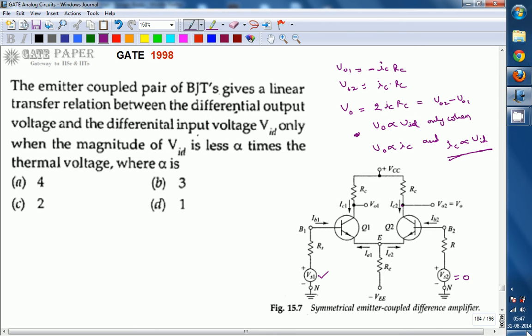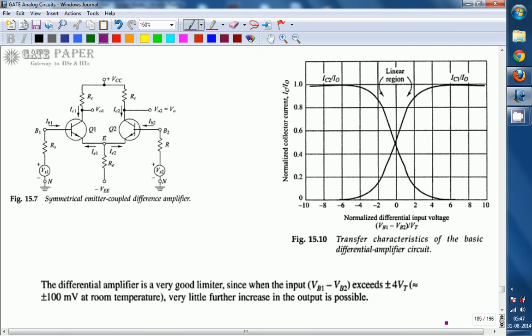For that, these are the transfer characteristics for the differential amplifier. Look at this one. From these transfer characteristics, this is IC2 divided by I0 and IC1 divided by I0, which are normalized collector currents. I0 is the current which flows whenever no input signal is applied.